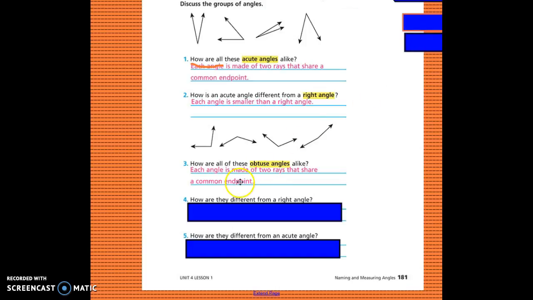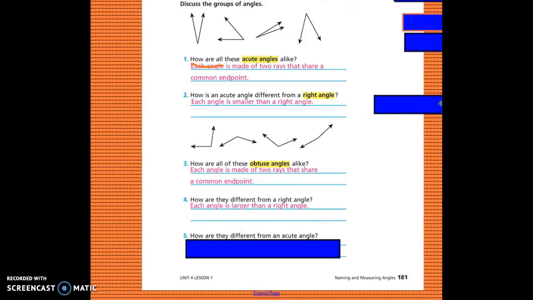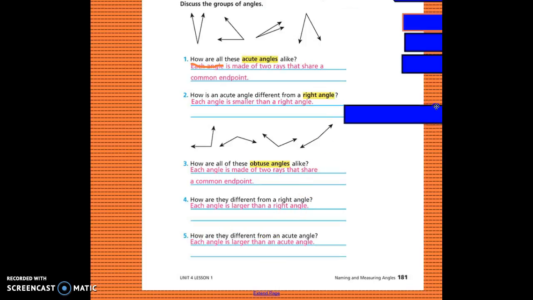Again, I think of my right angle as that 90-degree angle, and I think they're different because they're all greater than or larger than that 90 degrees. How about acute angles? How are they different from acute angles? Well, they are all larger than any acute angle, because remember, an acute angle is less than 90 degrees, and these obtuse angles are greater than 90. So each angle is larger than an acute angle.